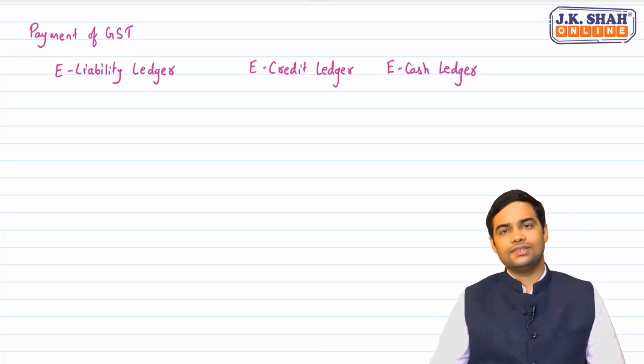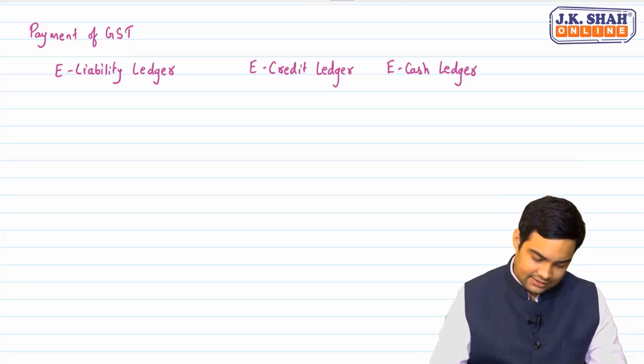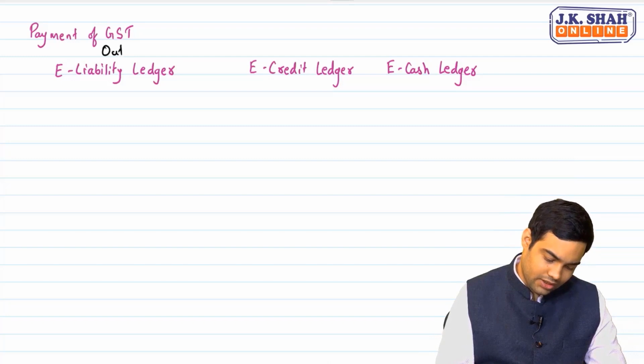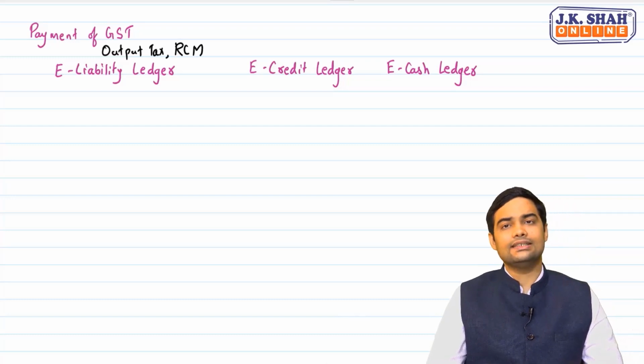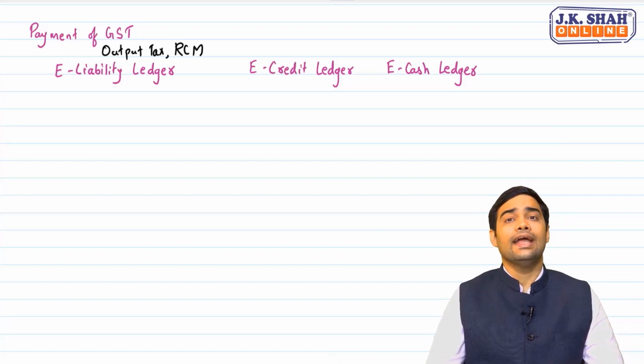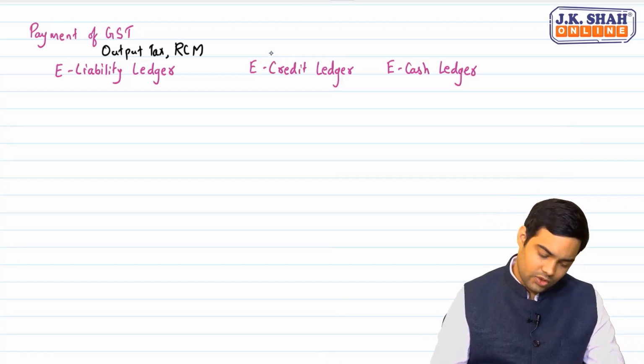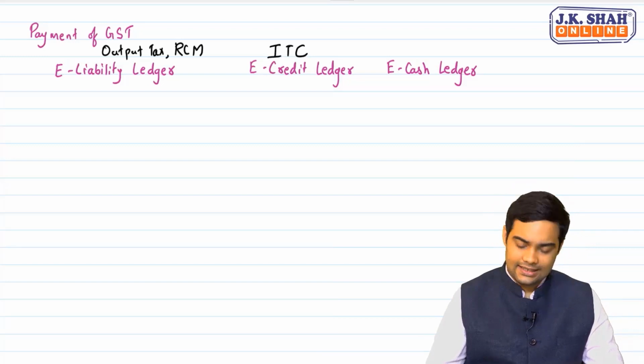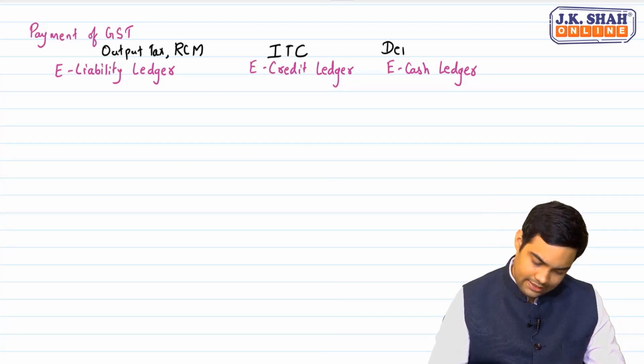Now what comes in the e-liability ledger? My entire output tax plus any tax which I have to pay under RCM, these two come in the e-liability ledger. The e-credit ledger would have my input tax credit, and in the e-cash ledger I will have to deposit money.